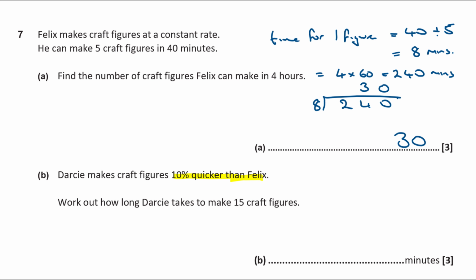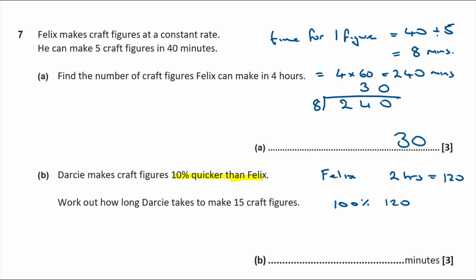So if Felix can make 30 figures in 4 hours, then presumably Felix can make 15 in 2 hours, which is because it's half as much, isn't it? So 15s into 30 go twice, isn't it? So it's half the time. And 2 hours is 120 minutes, okay? So then Darcy is going to do that in 10% less time.